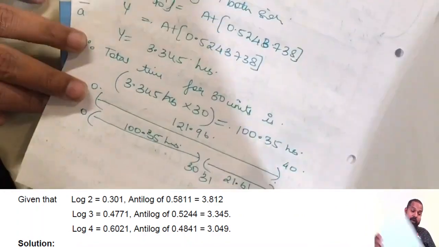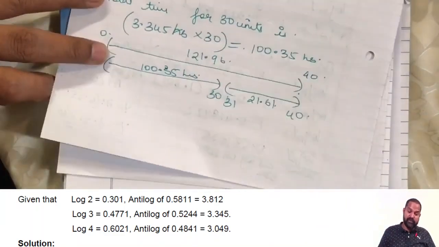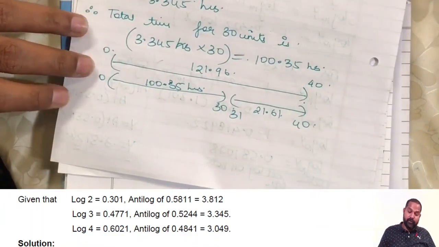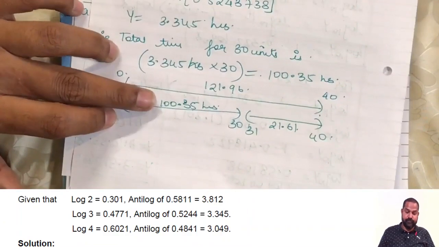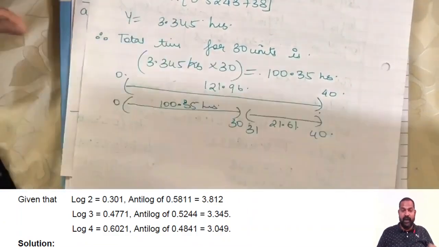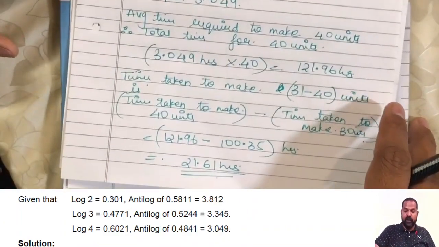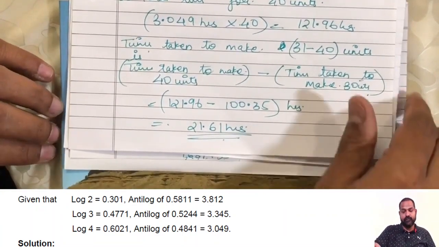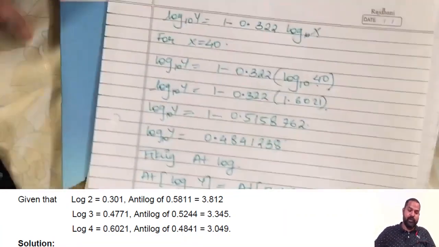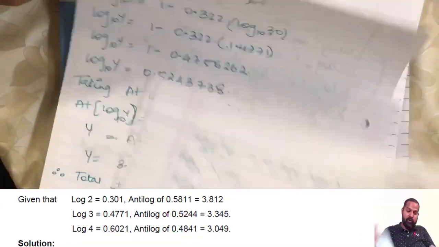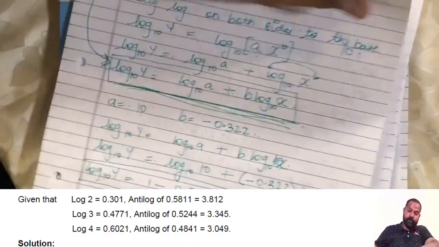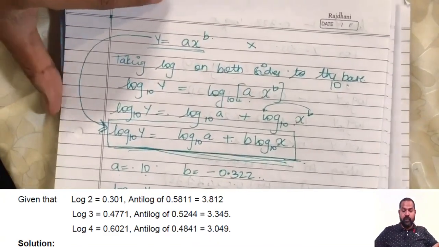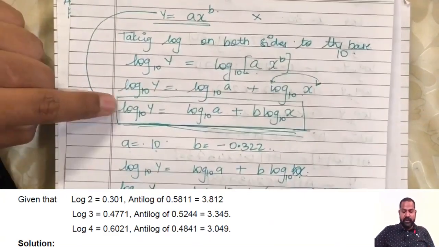Total time required to make 30 units is 100.35 hours. And then the time taken to make 31 to 40 units is 21.61 hours. This is my solution. I will keep it on for some time. So always start with this, write down this.